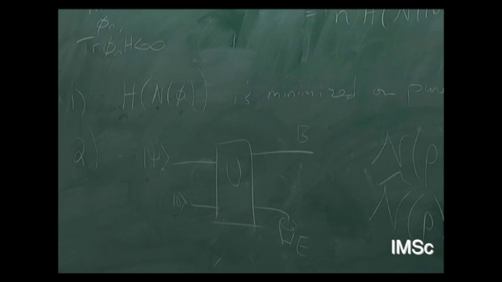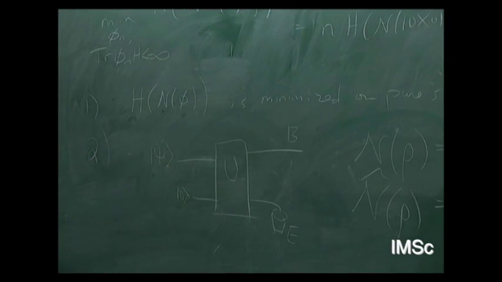So now I'm going to talk about entanglement breaking channels and their minimum output entropy. And it's going to turn out that the complementary channel to a quantum limited amplifier has this nice property of being entanglement breaking.